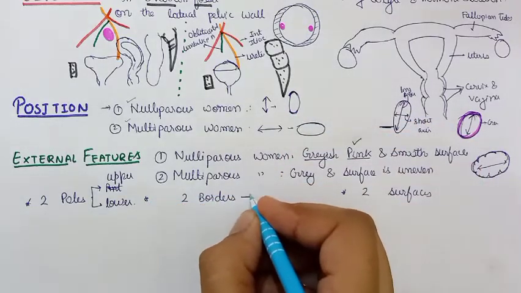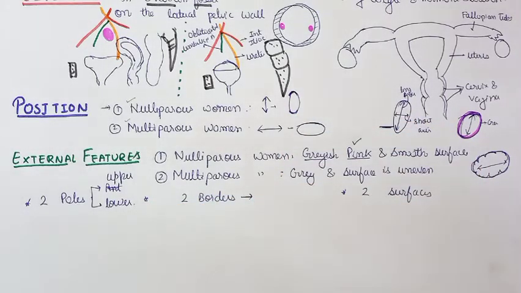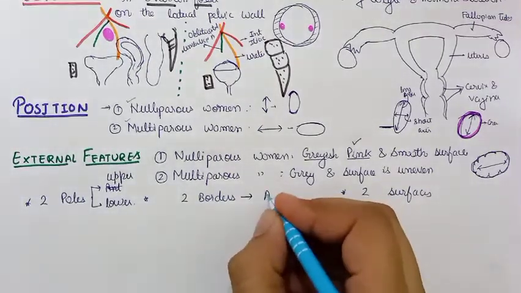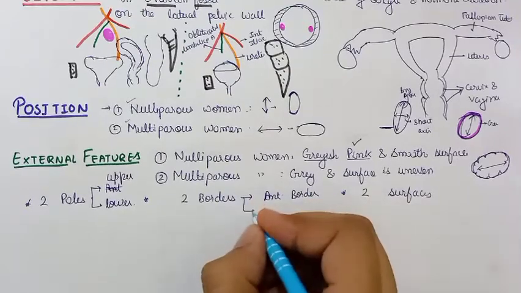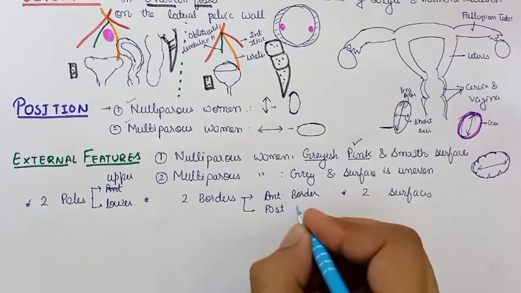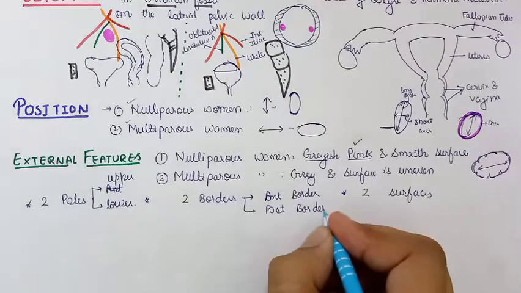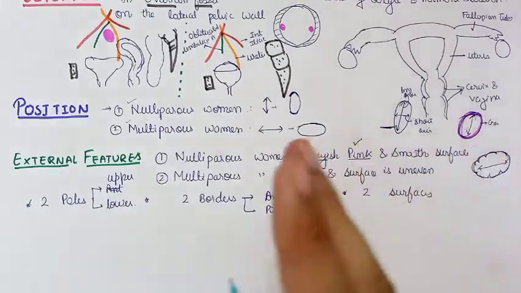And what are the borders? We have 2 borders, the anterior border and the posterior border. And what are the surfaces? We have 2 surfaces, lateral and medial.